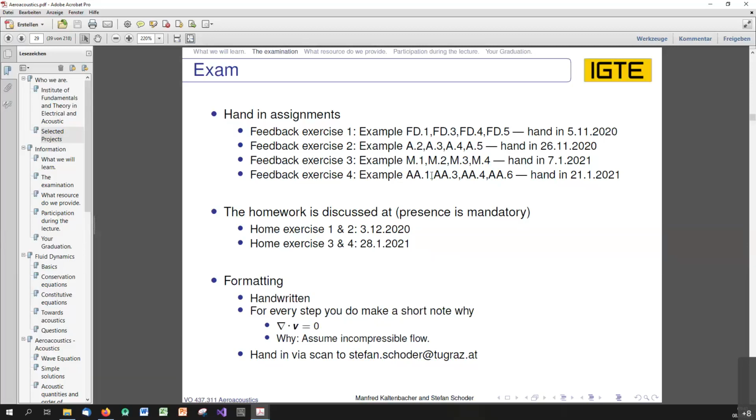For the exercises, only the exercise examples are counted. There is no final exam in the exercise course, and there we will only rate the discussion and the submissions themselves. Okay.